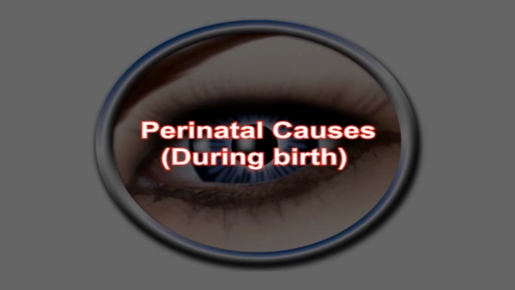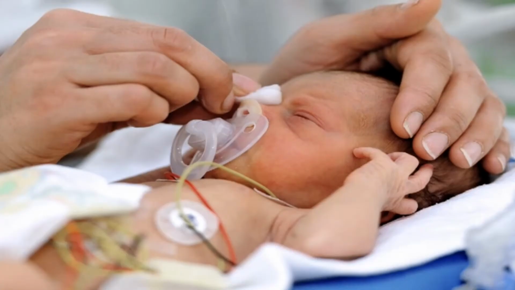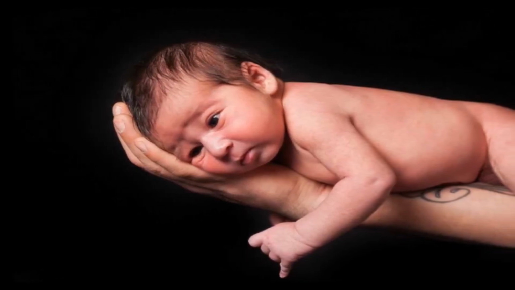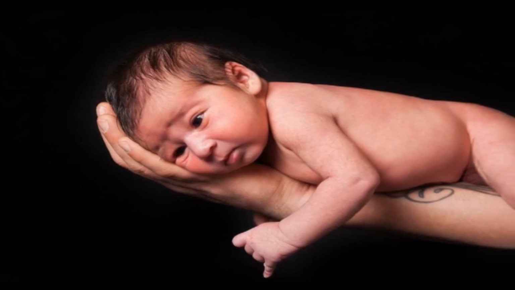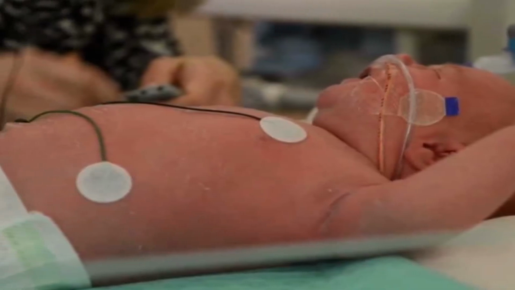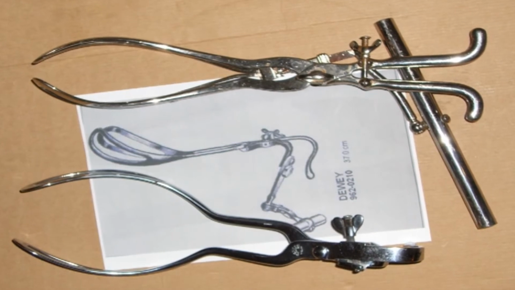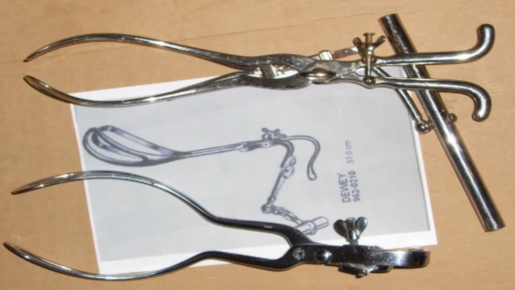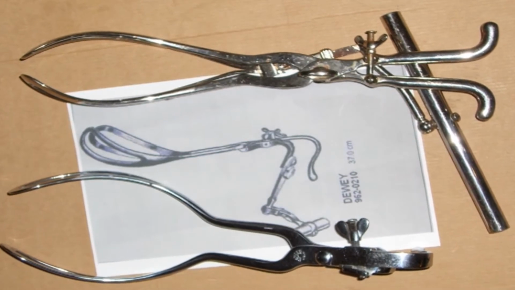Perinatal causes during birth: premature delivery, low birth weight of the baby, birth weight less than 2.5 kilos, lack of oxygen to the infant during delivery, delivery using instruments such as forceps wrongly may cause damage to parts of the brain responsible for seeing.